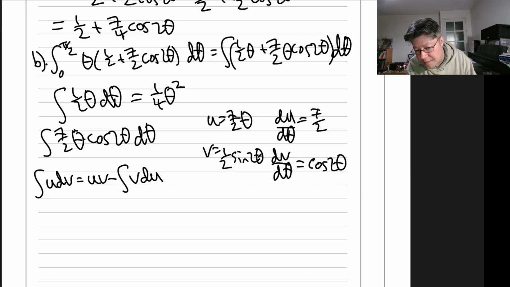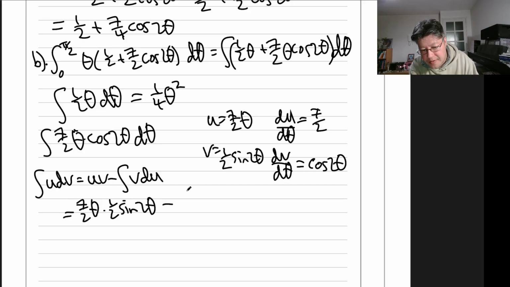Okay, so the integral equals uv, so that's 7 over 2 theta times half sine 2 theta, minus the integral of the other diagonal. So that's 7 over 2 times a half, that's 7 over 4 sine 2 theta d theta.